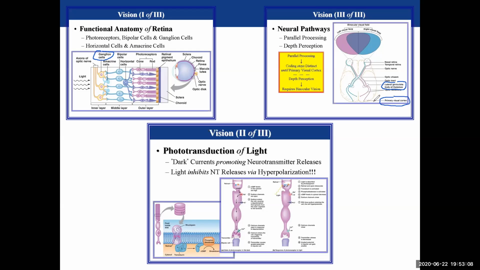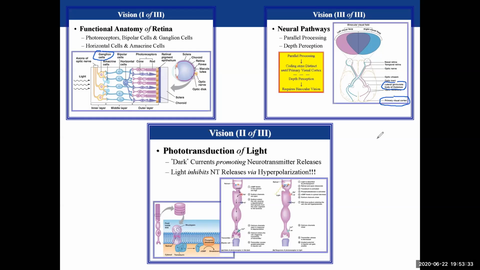Now, information actually goes along three pathways: to the thalamus, to the suprachiasmatic nuclei, and also to the superior colliculi. Information that goes to the superior colliculi is for the visual reflex.